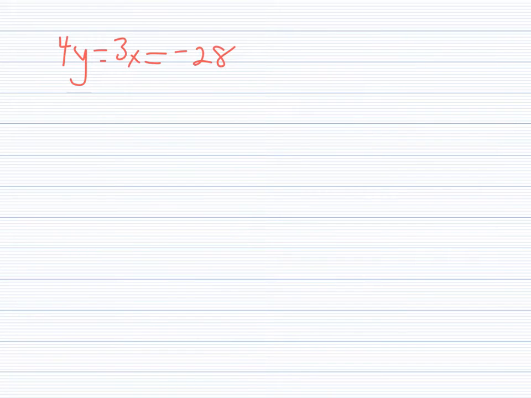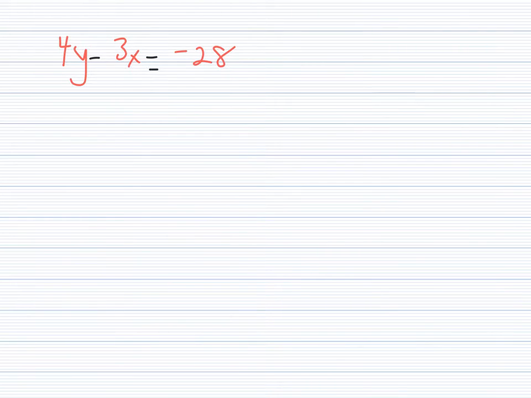Here we have 4y minus 3x equals negative 28.